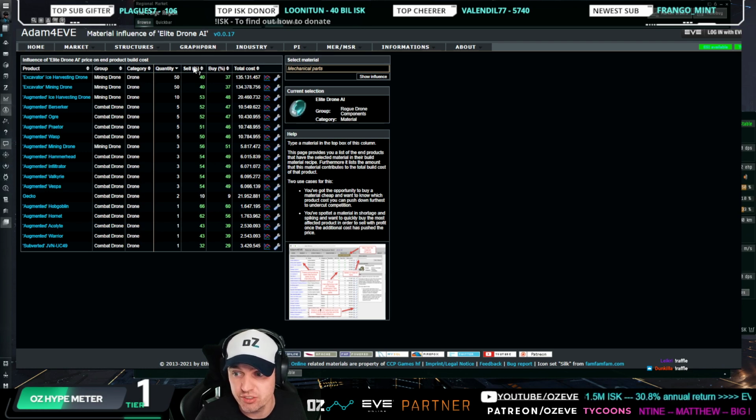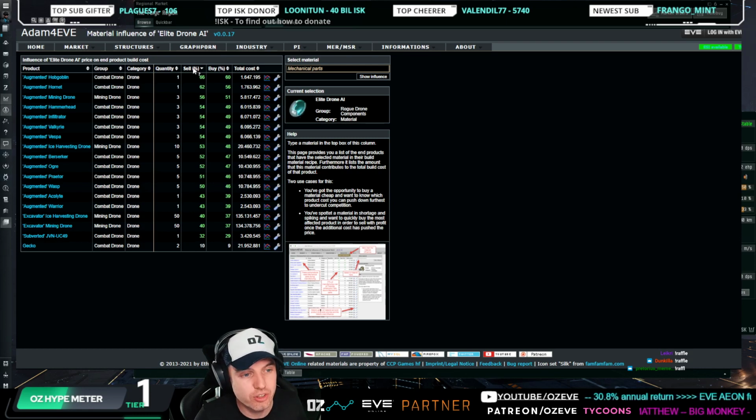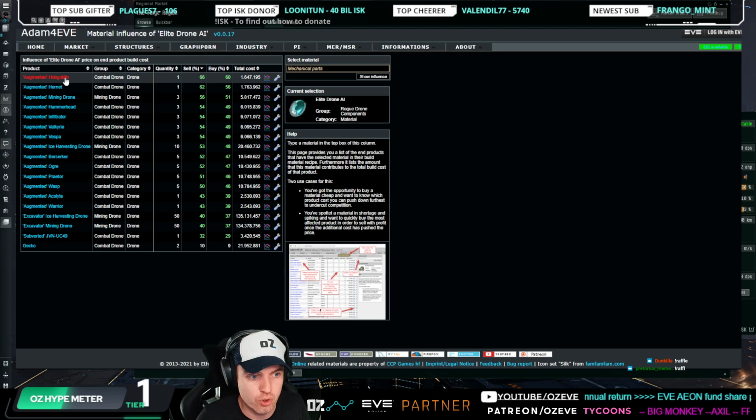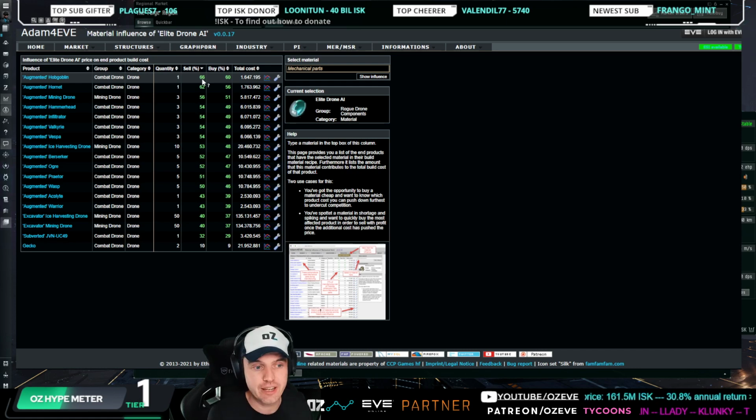These are also interesting because this is the actual material influence. If you look at an augmented hobgoblin drone, that's a hobgoblin on steroids, you can see that it uses 1 Elite Drone AI, and the Elite Drone AI costs about 1 million ISK. So you can see that the actual influence of the Elite Drone AI price on the final price of that item is 66%.